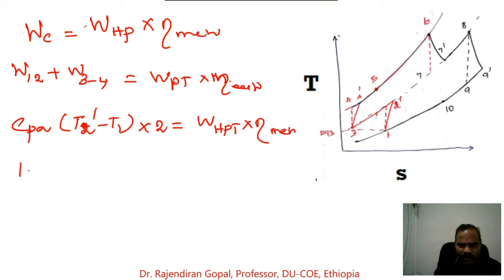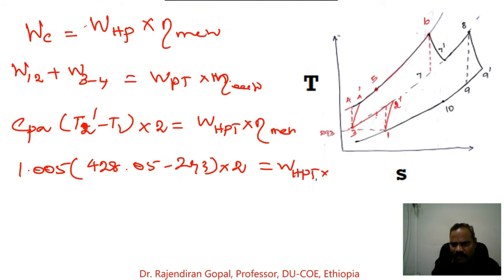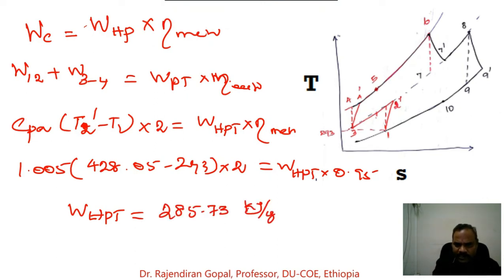Cp of air 1.005 multiplied by T2 dash, 428.05 minus 293, multiplied by 2 is equal to work of high pressure turbine multiplied by 0.95. We get work of high pressure turbine is equal to 285.73 kilojoule per kg. That is equation 6.